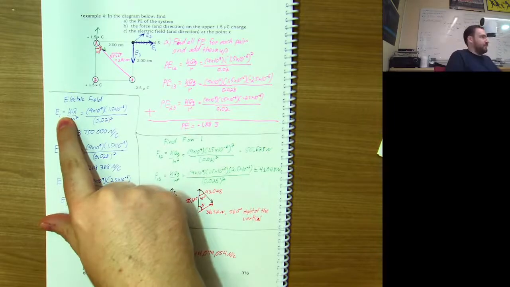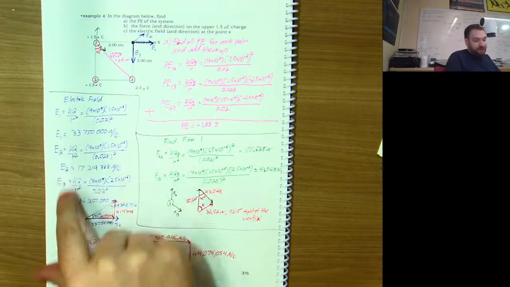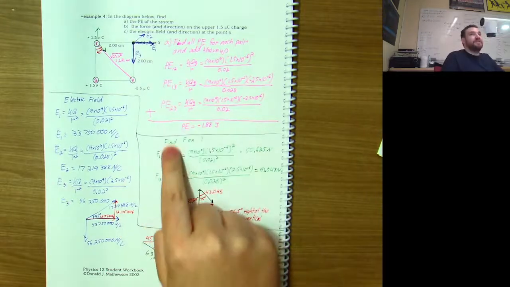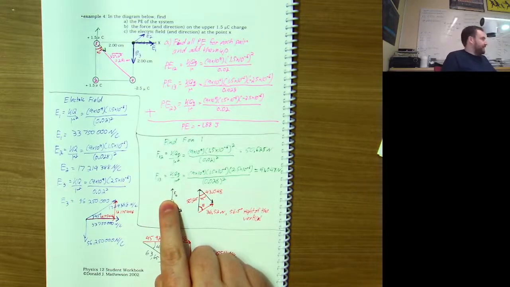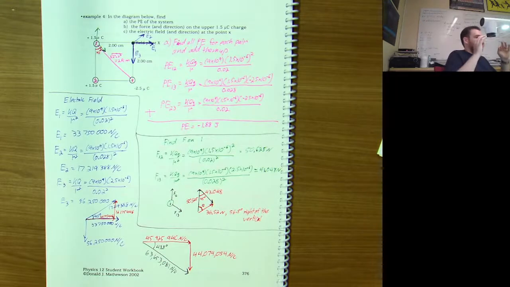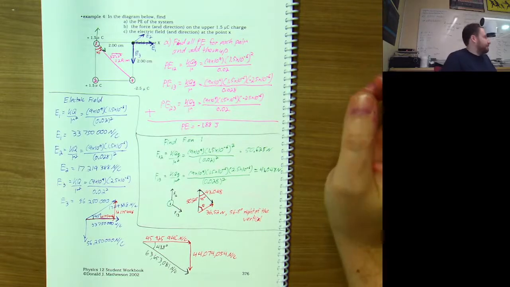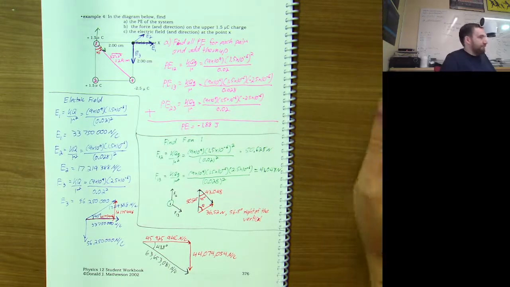Electric field from each one, potential energy from each combination, forces for each combination that is necessary, and you just plug. It's really easy to get overwhelmed by the vastness, and you've got to do what you can to fight that, because you know the individual pieces.